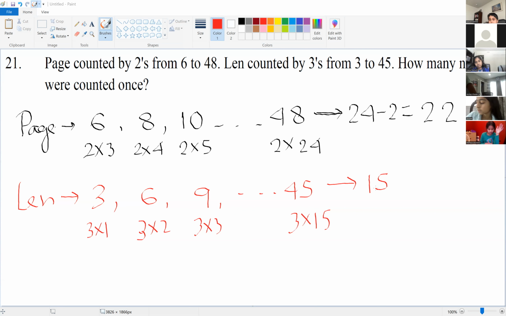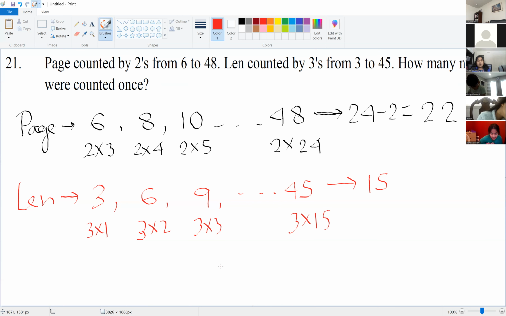29. That's not correct. Okay, anybody else? Aksha? What did it miss? So what I did is that I got 22 numbers for Page and 15 numbers for Lean. And then I found the least common multiple of 2 and 3, which is 6. The multiples of 6 counted were 6, 12, 18, 24, 30, 36, 42, and 48, which is 8 numbers.